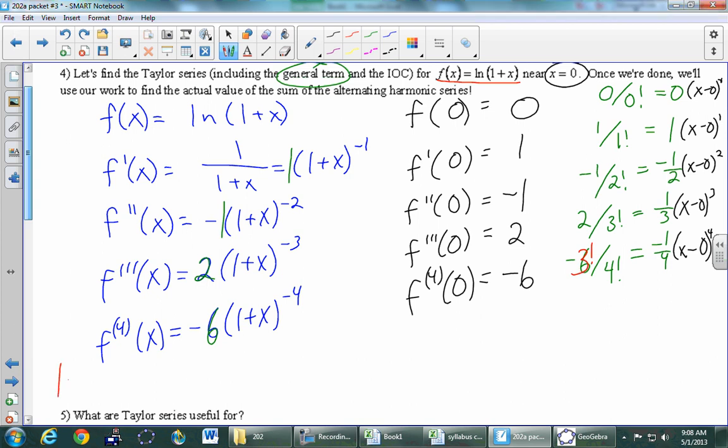Okay, so then we can put it all together. ln of 1 plus x, that's the original function, and it is now approximated by the sum of all of those terms over there. First term, 0, we're not even going to write it. Next term, just 1x. Next term.